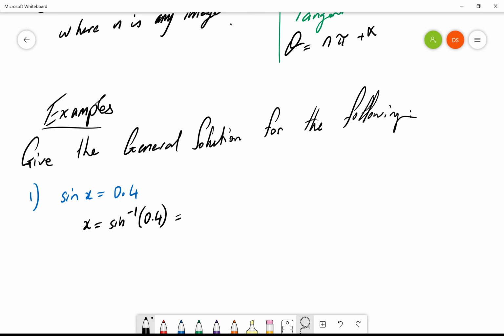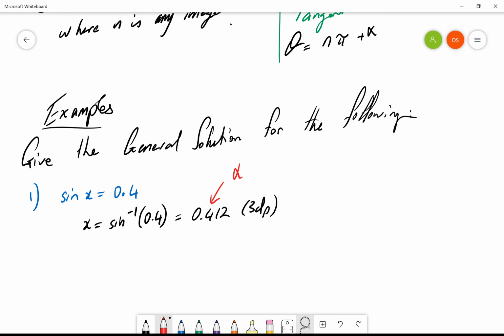So sine inverse of 0.4 is 0.412 to 3 decimal places. Okay? And I'm going to call this my alpha. This is my principal solution.